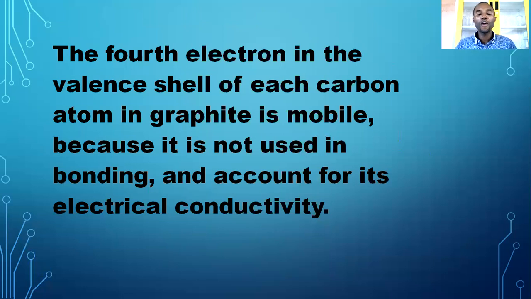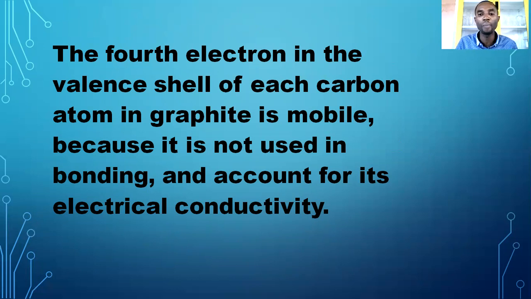All right, the fourth electron in the valence shell of each carbon atom in graphite is mobile. In diamond, the 4 electrons in the outer shell of carbon are all used in bonding. For graphite, 3 are being used, and the other one remains, which means it is free to move.